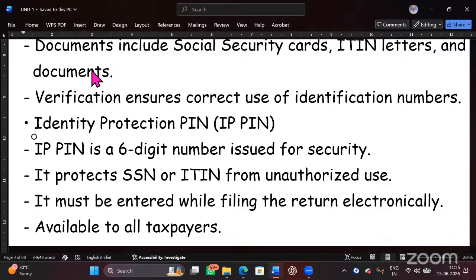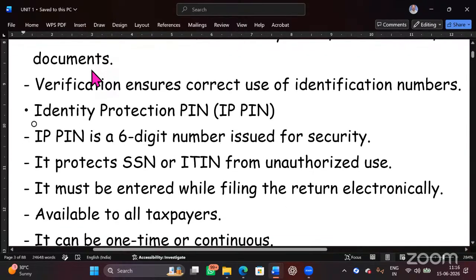If any person has a problem, suppose his social security number is stolen and it comes to his notice that somebody is using his number wrongly, the taxpayer has to communicate that to the income tax department. The department will issue a PIN, technically called the IP PIN. An Identity Protection PIN will be issued.